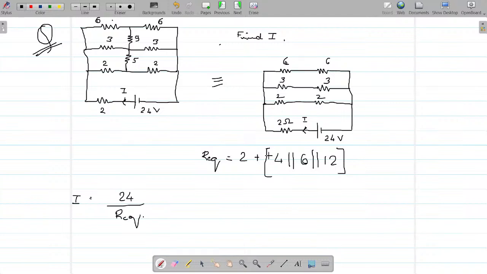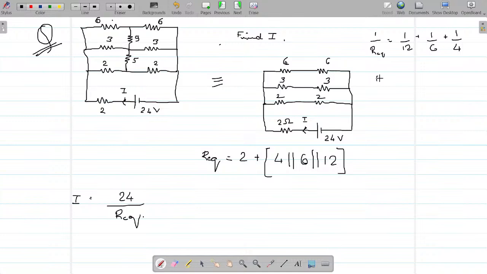Do you want me to solve this for you? Or you can do it on your own? Okay, let me do it for you. 1 upon R equivalent is equal to 1 by 12 plus 1 by 6 plus 1 by 4. Can I write it? Right?